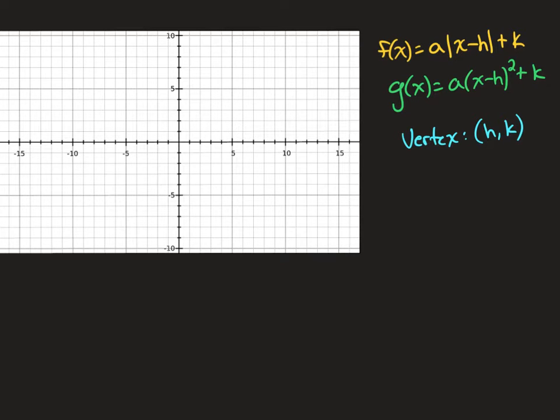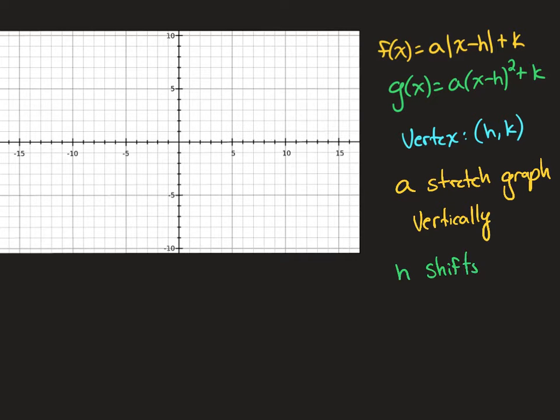So there's our vertex. Now A will stretch the graph vertically. Okay, and we're going to look at what that means in a little bit. And then H really shifts the graph horizontally, right?